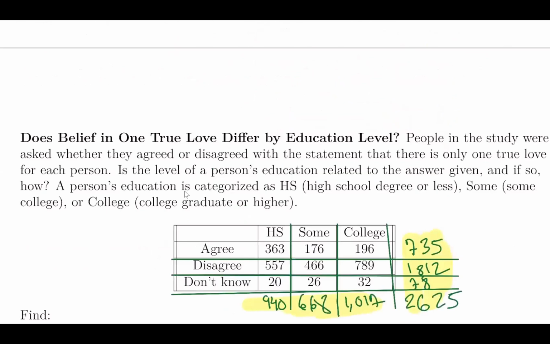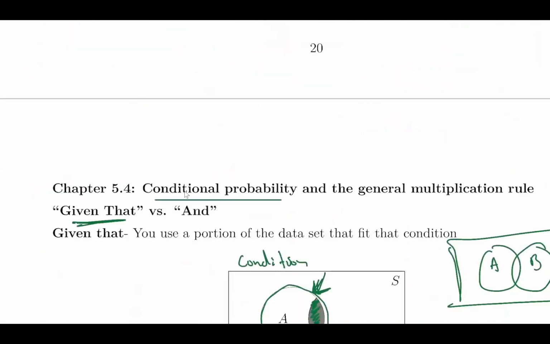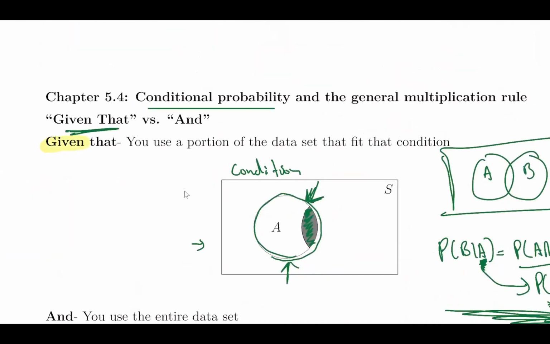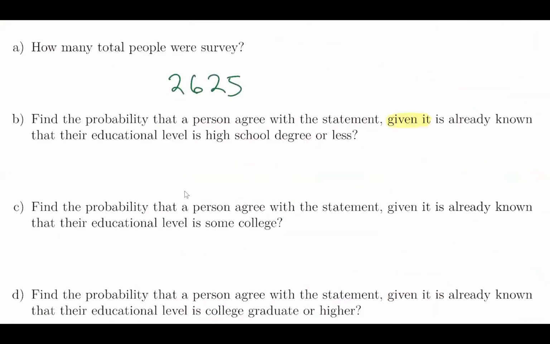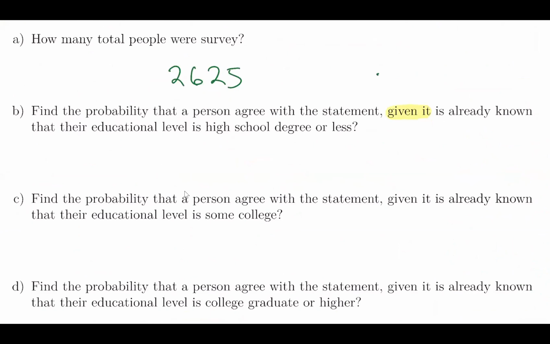If you remember, in the very beginning, I put given, and we said this is a conditional probability. So the key word is given that, or given. Given is telling us this information; they're literally giving you this information that this has already happened.